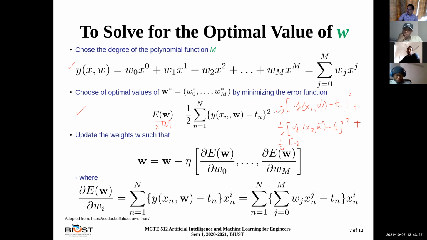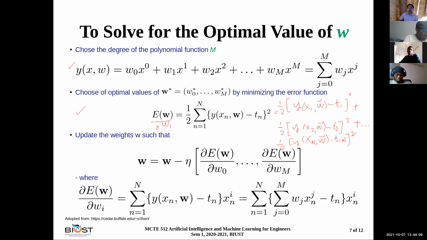And we take a dot here, dot here. So in our case here we have x to the n, because those are the data points: y of xn and w, minus tn, squared.